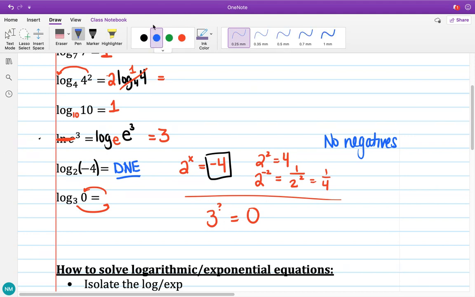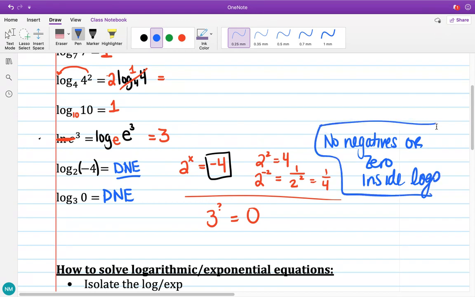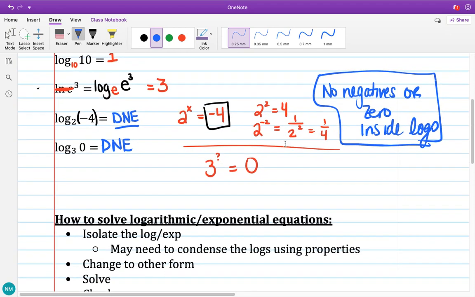Nothing is going to give me 0. So this also does not exist. So no negatives or 0 inside logs. So what we're going to see when we're solving is that sometimes you may get a negative number inside of a log. Then you would have to take that solution out.